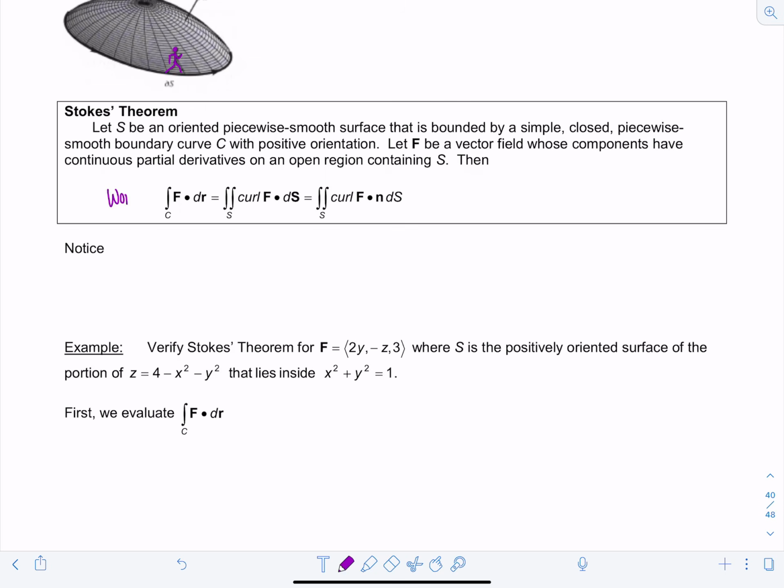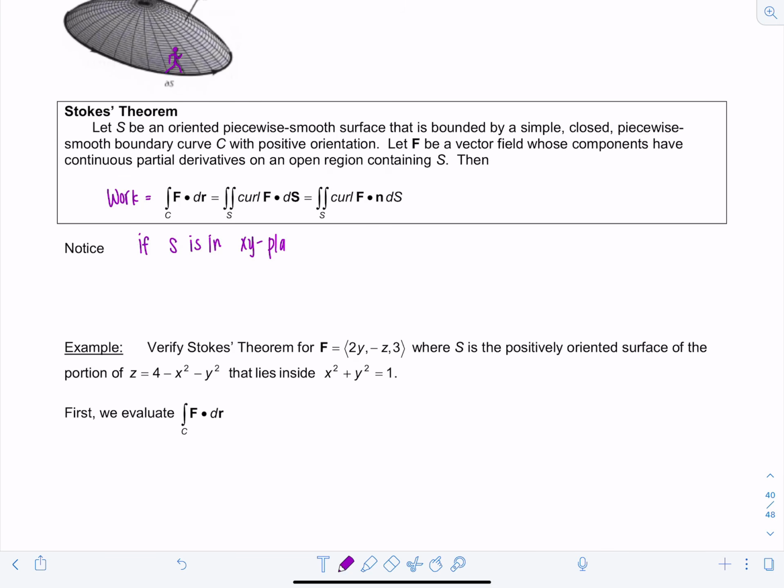Yes, it represents work. This is equal to our surface integral, so the double integral over S of the curl of F dot dS, where dS is the vector quantity. So then remember, we end up computing this as the double integral over the surface S of the curl of F dot n dS.